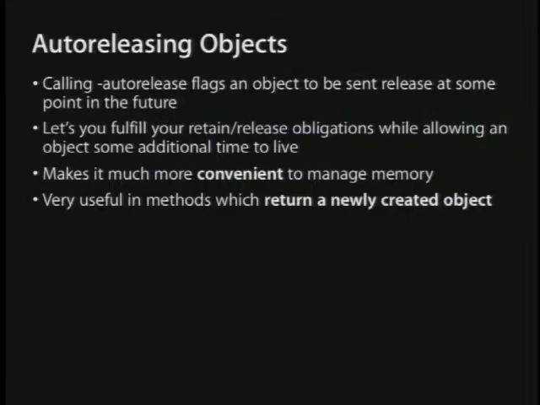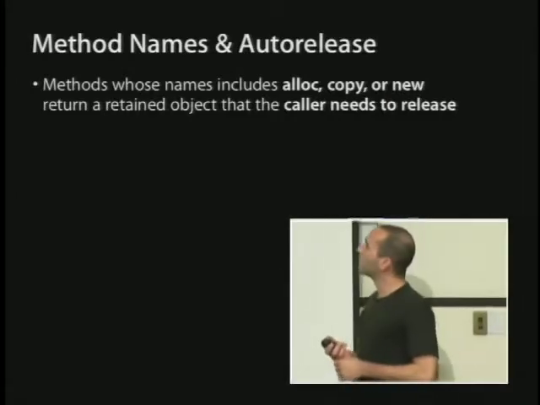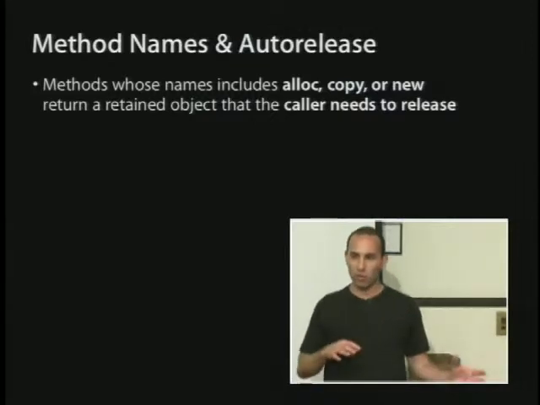It makes it really convenient to manage memory, and it's great for these caller methods when something needs to create an object and return it without worrying about whoever calls it, what they're going to do with it. Now, you may see some cases where a method actually allocates but does not auto-release.